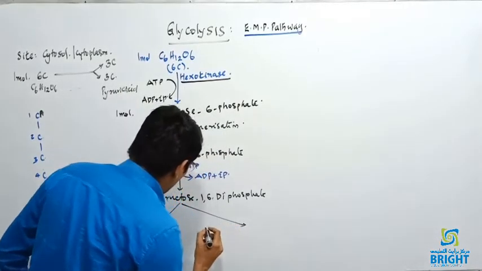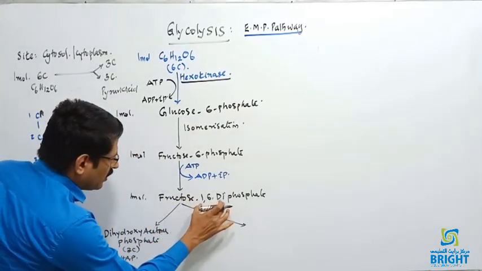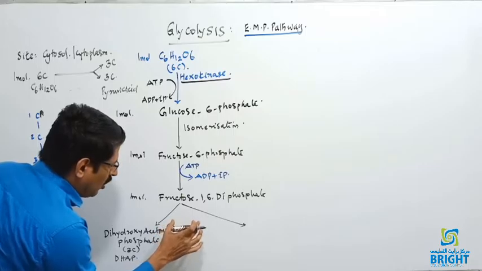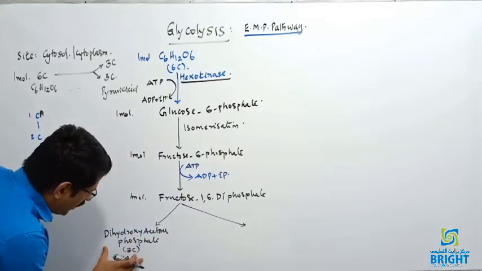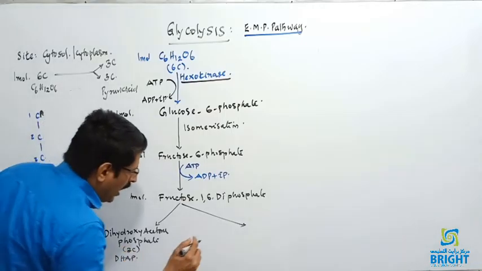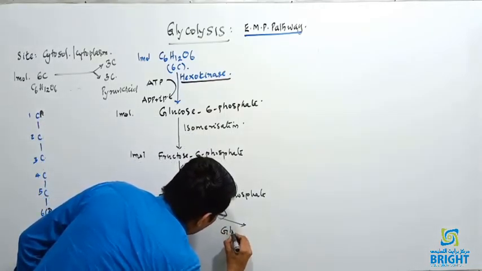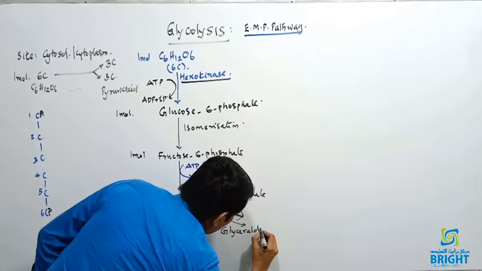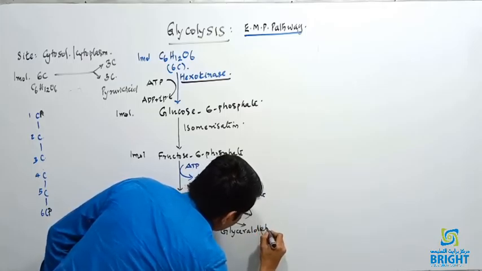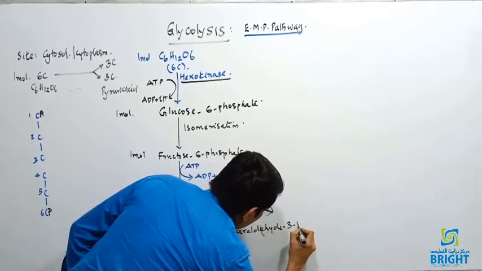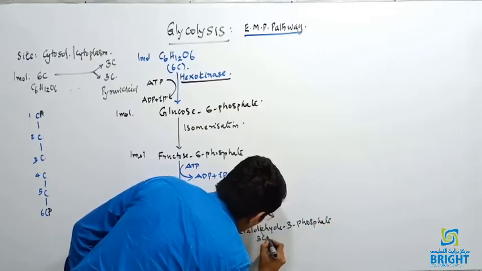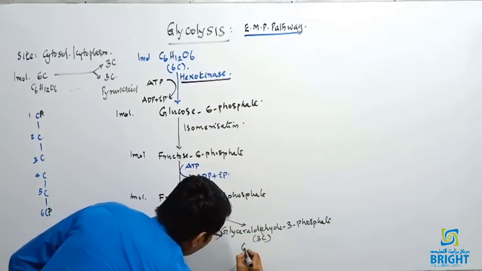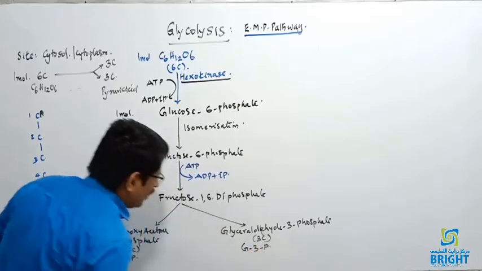The fructose 1,6-diphosphate undergoes cleavage or breakdown and produces one molecule of dihydroxyacetone phosphate, a 3-carbon compound, and another is glyceraldehyde 3-phosphate, which is also a 3-carbon compound. It can be G3P, a short form.